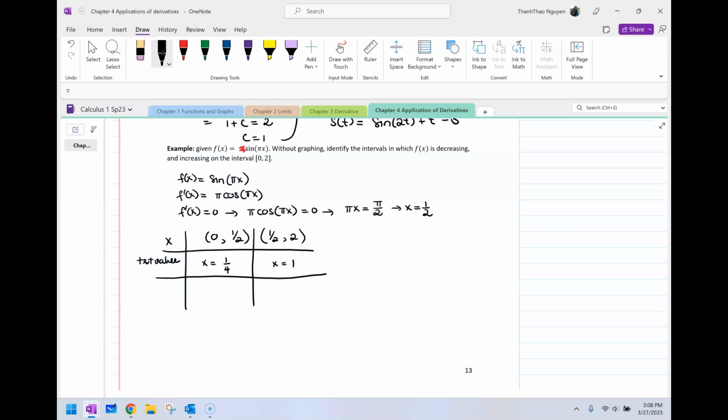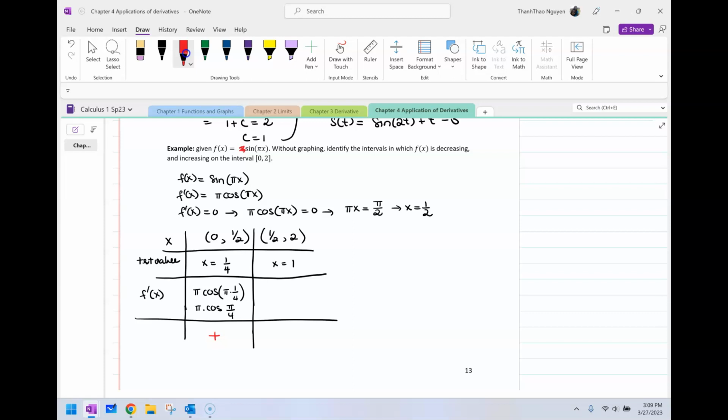What is the value of f prime of x in this case? f prime of x equals pi times cosine of pi times 1/4, so pi times cosine of pi over 4, which equals root 2 over 2 times pi. So this value here is positive.